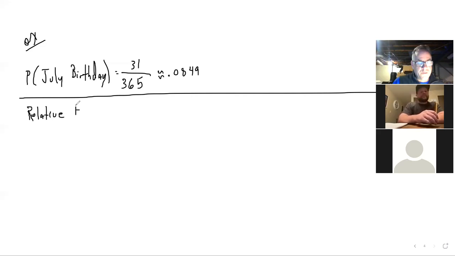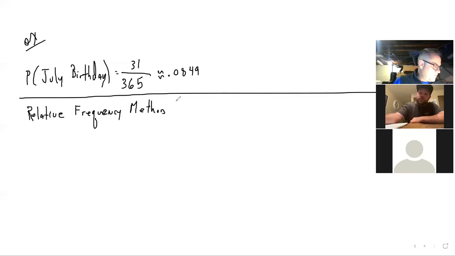So, the relative frequency method, or again, sometimes referred to as the empirical method.